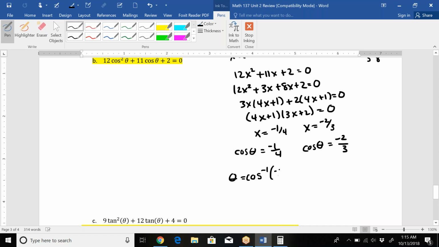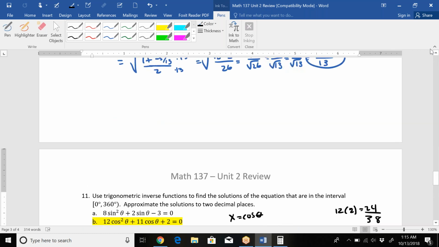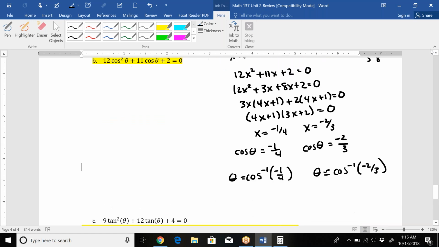So cosine inverse of -1/4 and cosine inverse of -2/3. And we want our answer in degrees, I believe. Let me look at the directions. Yes, in degrees from 0 to 360. So the problem is there's always two places cosine can be negative. So even though our inverse one will give us an answer here, we're going to get another answer down here. So we have to make sure we get both.